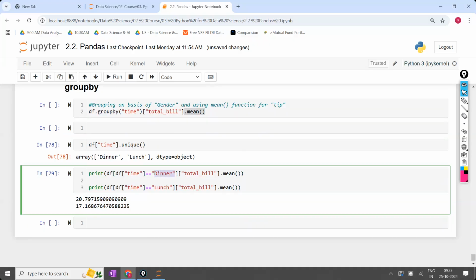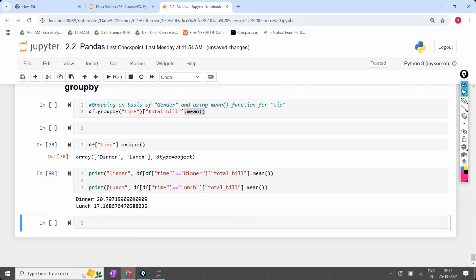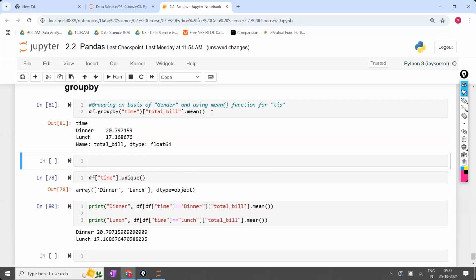Whatever is there, I'm writing within the print, comma, and second unique value, lunch, comma. So dinner time, the average value is 20.79. For lunch, the average value is 17.16. Let us cross check here. Same answer. This is the backend code.